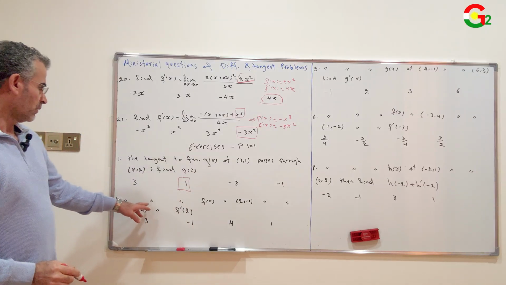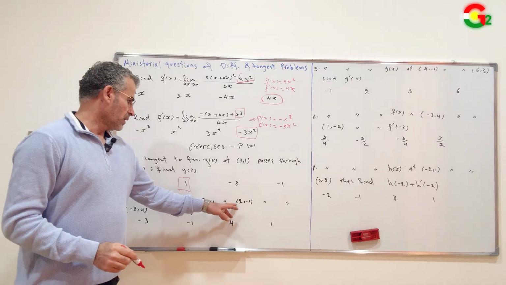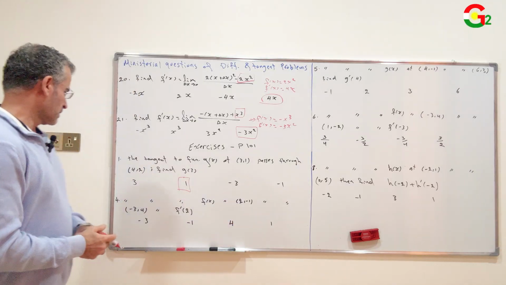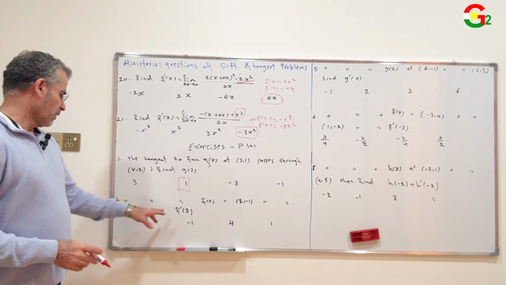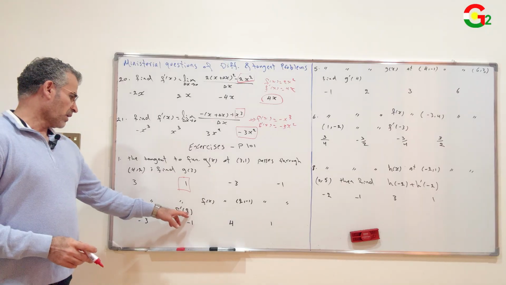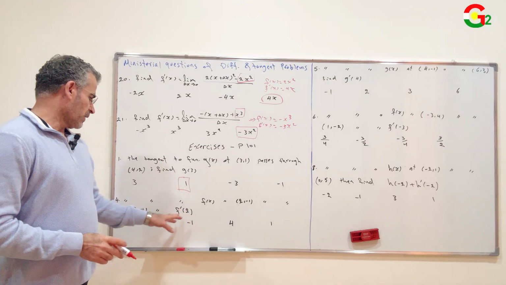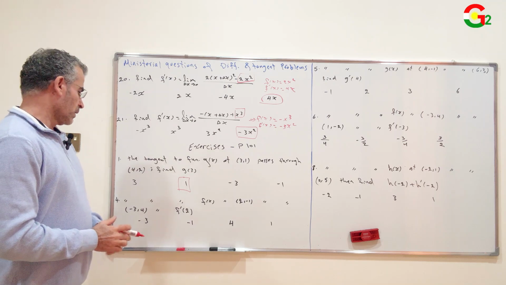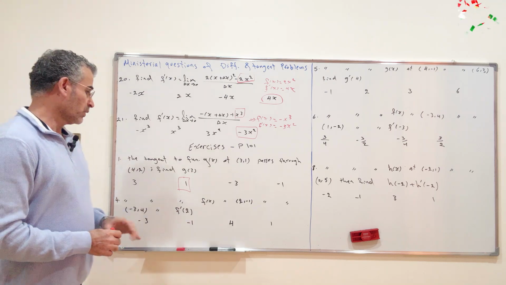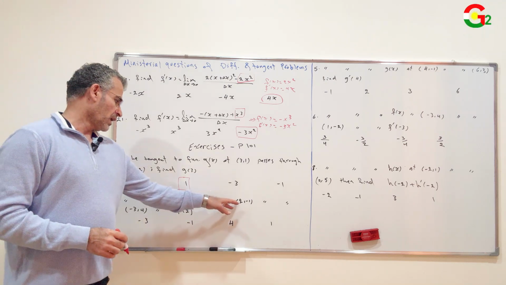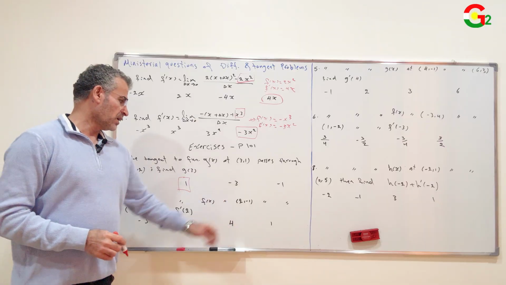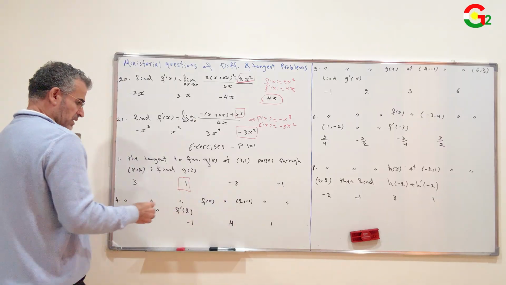The tangent line to the function f of x at the point (2, negative 1) passes also through the point (negative 3, 4). Find f prime of 2. We want to find the derivative of the function at 2. The derivative of the function at 2 equals the slope of the line, since 2 is the point of tangency.